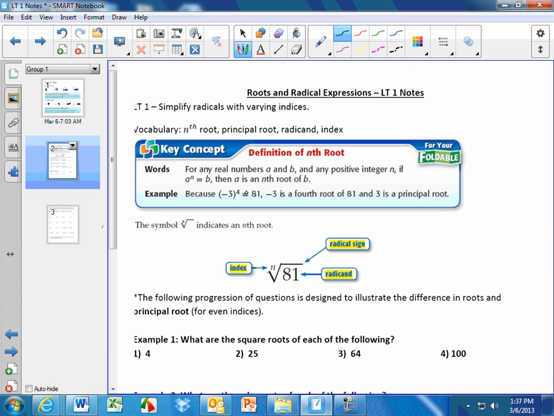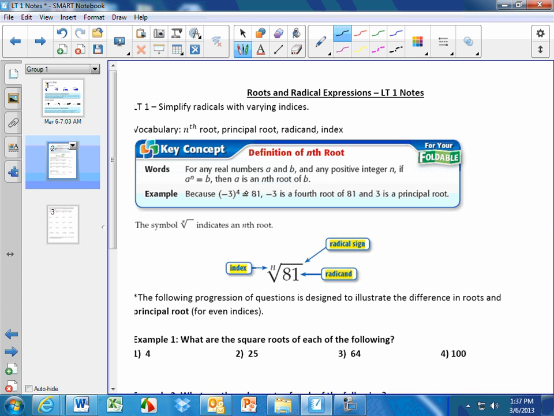What is negative 3 squared? It's also 9. Therefore, negative 3 is also a square root of 9. For example, negative 3 to the 4th is 81. So negative 3 is a fourth root of 81. 3 to the 4th is also 81, which makes 3 also a fourth root of 81 by definition.